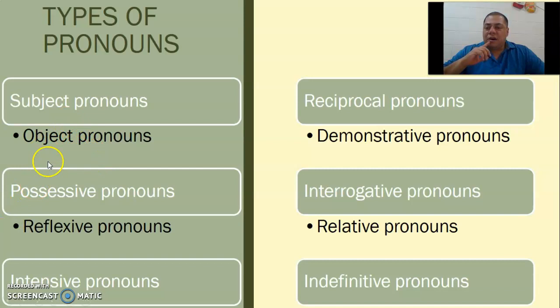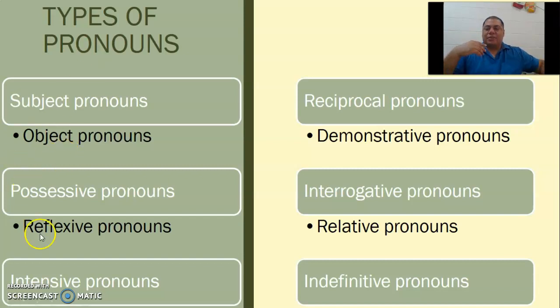We have object pronouns, and they act as objects. They cannot act as subjects. And that is a very common mistake that many people commit. Sometimes people use a subject pronoun as an object pronoun, and that cannot happen. You cannot use an object pronoun as a subject pronoun either.